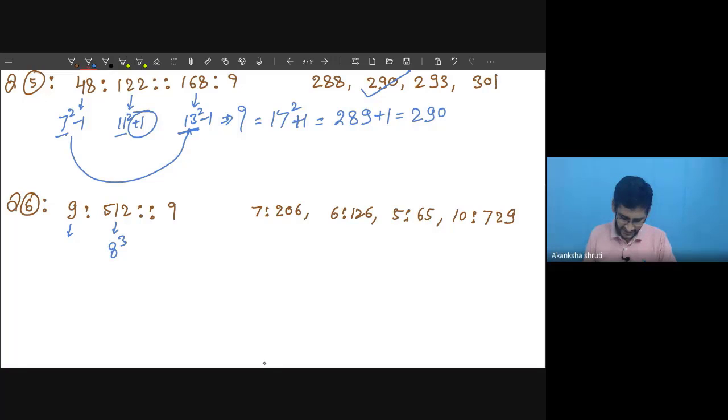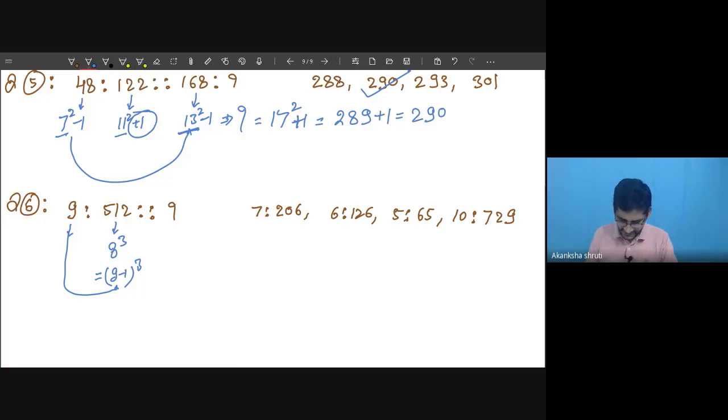But this 8 is nothing but 9 minus 1, cube. So this way from this 9 we are obtaining this. Means 9 is subtracted by 1. So I shall search for that pair which is following this rule.